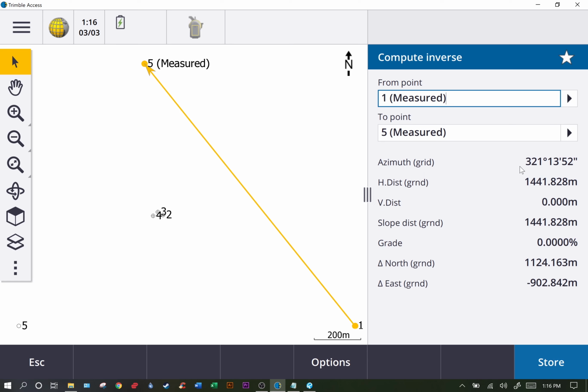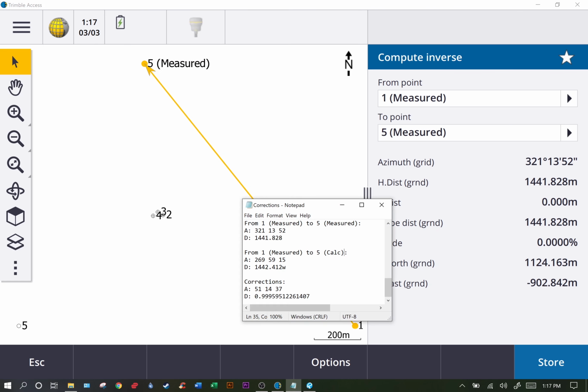So I have my azimuth to be 321 degrees, 13 minutes and 52 seconds, and my horizontal distance to be 1,441.828 meters.